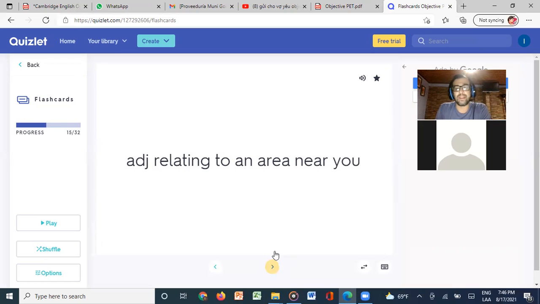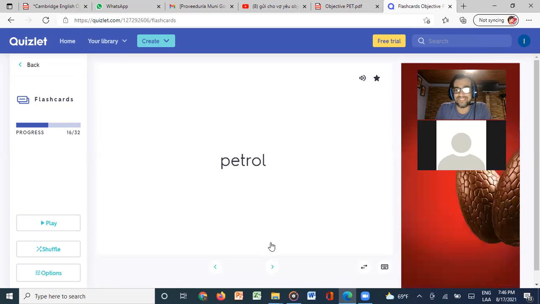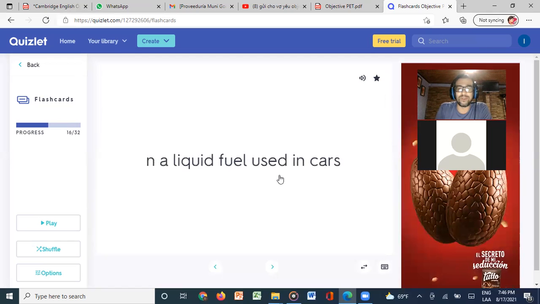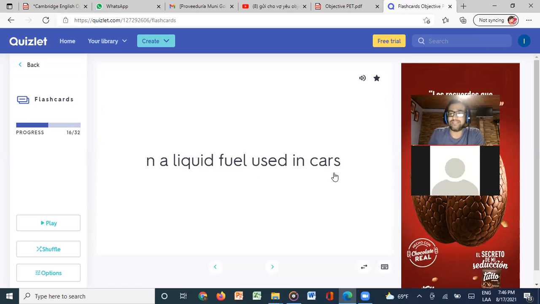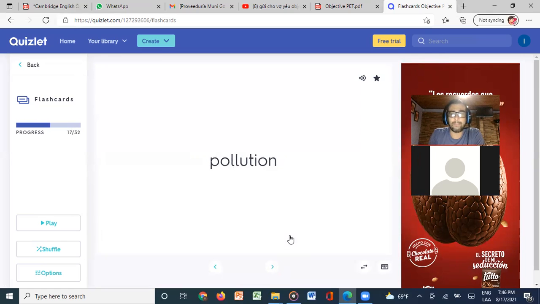Now, 16, we have petrol. What's petrol? It's gasoline. It's the same thing, right? It's a liquid fuel used in cars. Number 17, we have pollution.